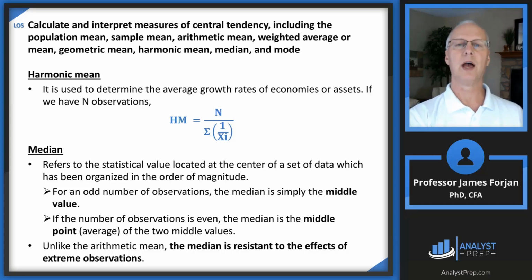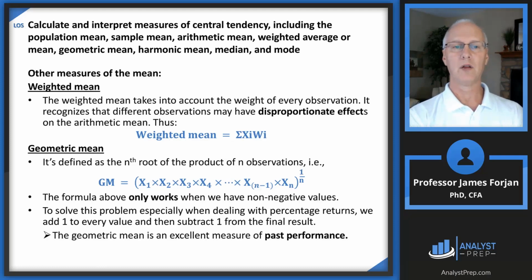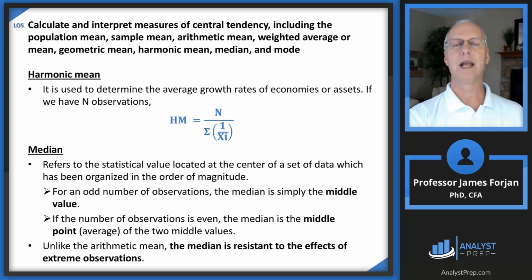For example, if you had a data set like 4, 5, 6, 7, and then you had 39 in that data set, well, going back here, calculating all of these other means, that 39 is going to have a dramatic impact on the resulting statistic. But the harmonic mean reduces that.